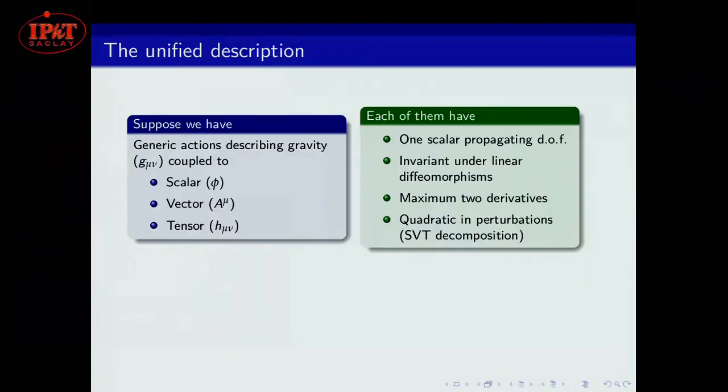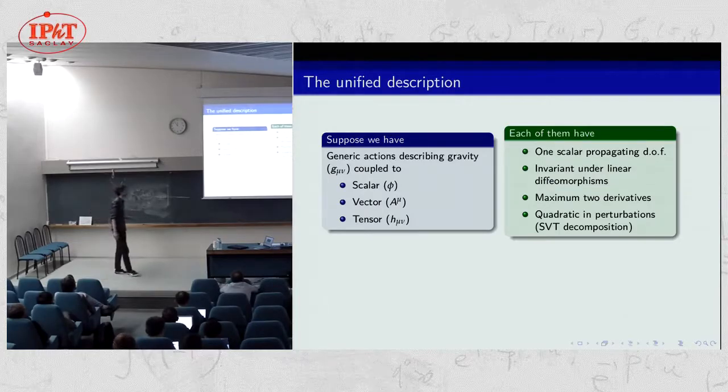Suppose also that these actions share some properties. They all have one scalar propagating degree of freedom. They are invariant under linear diffeomorphisms. They have maximum two derivatives in the action. And through scalar-vector-tensor decomposition, they are quadratic in perturbation. So we want linearized actions.